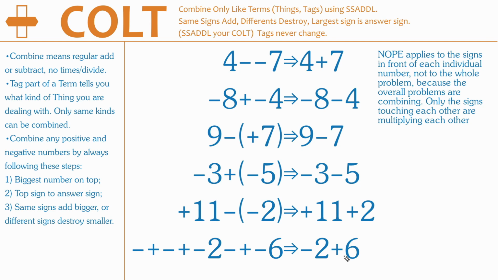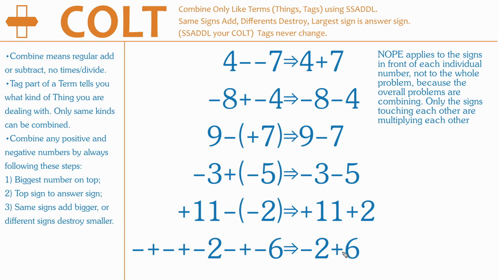So look at the example, see that it is nope, and see how only those signs in front of the numbers are multiplying. The numbers themselves, as you can see here on the right, are not multiplying at all. They're combining. So it's like inside each part of the combining, there are tiny microscopic multiplications going on with the signs.